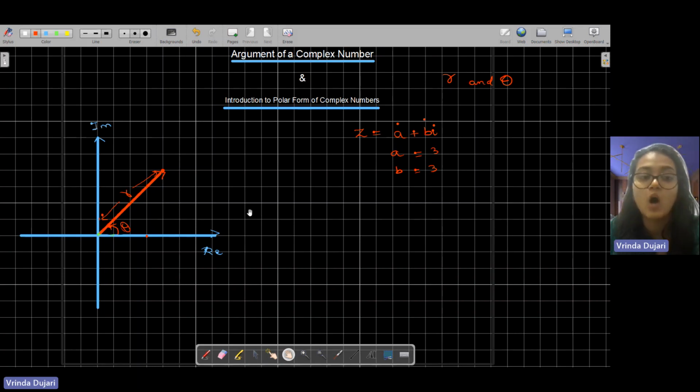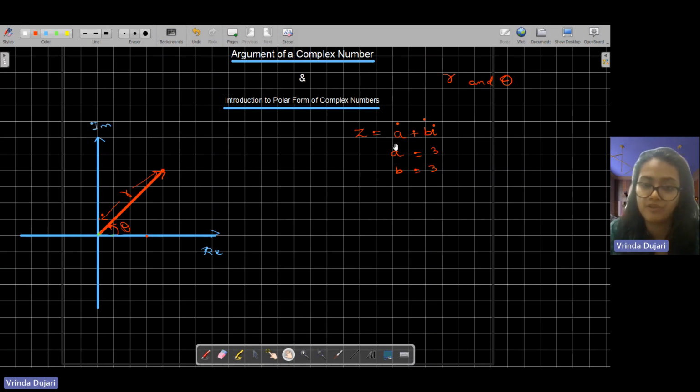So let's see how we can find out the values of r and theta. So now what I'm going to do is write my complex number in terms of r and theta. Okay. And then from r and theta, I will write it in the form of a and b, because a and b are two things which will be known to us.